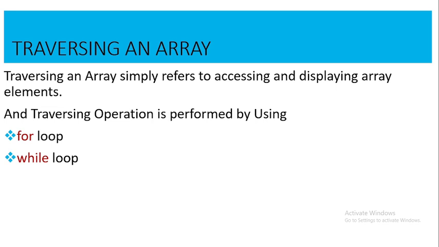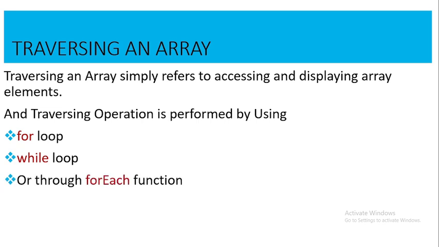The for loop lets us go through the elements of an array one after the other. We pick the element one after the other, then we display the element, and we can use the for loop to perform such an operation. We can also use a while loop to perform the operation.